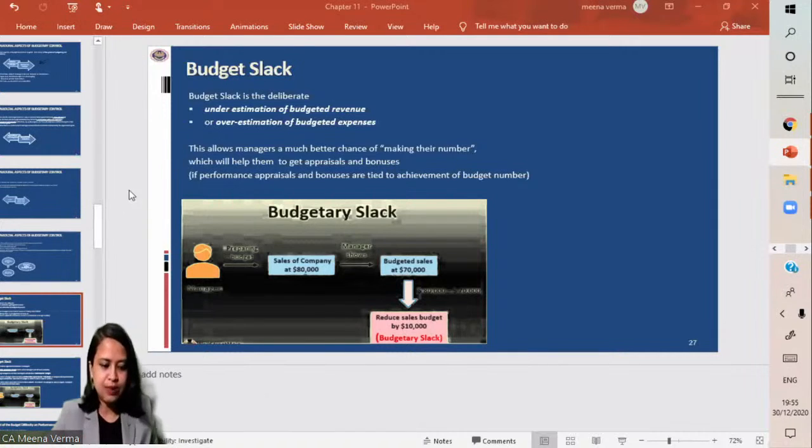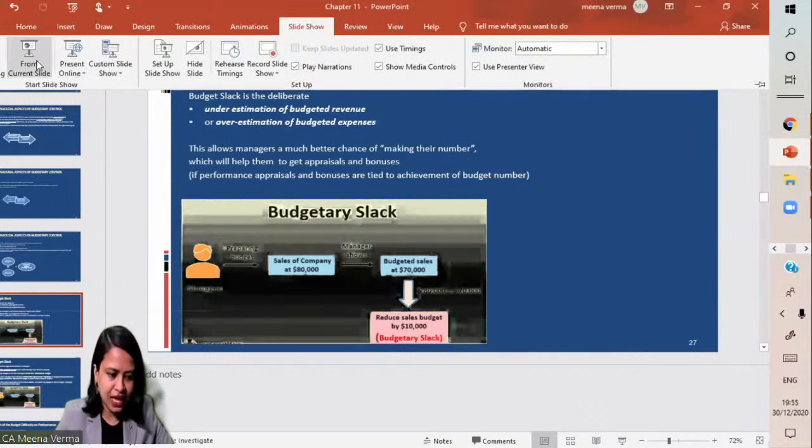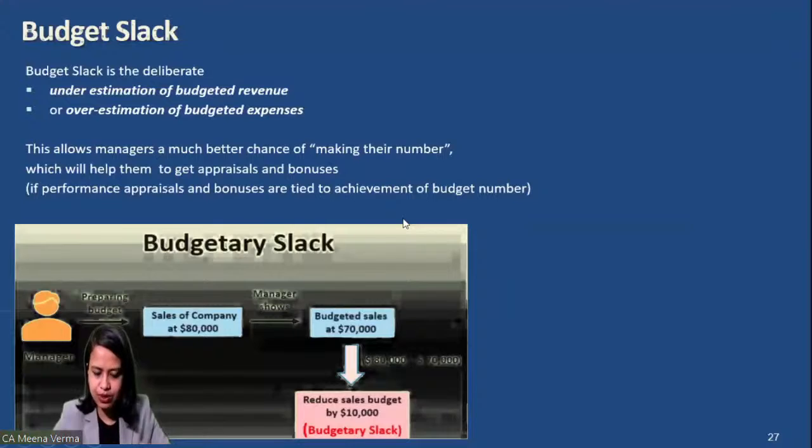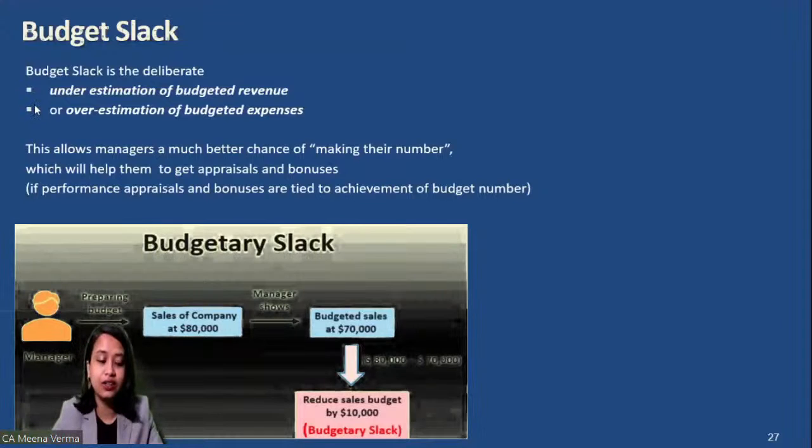This is, I will say, a limitation of using budgetary control. Using the budgetary control, the chances of introduction of budget slack increase a lot. Why?